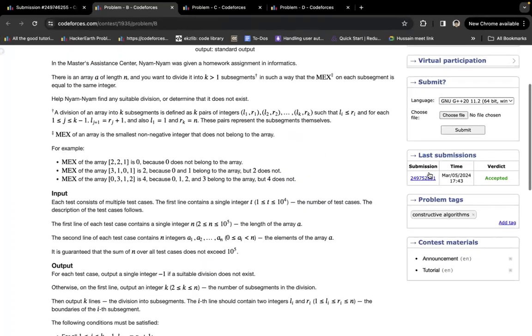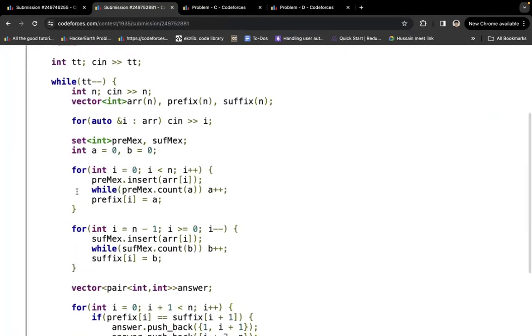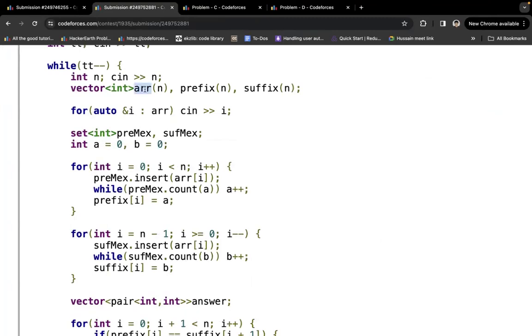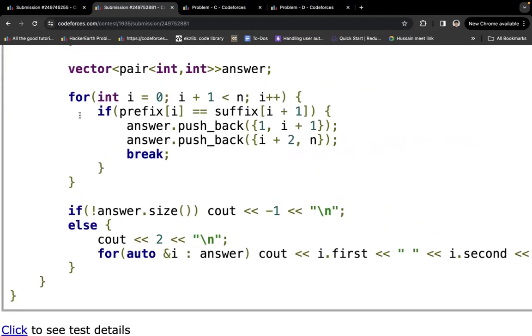So the implementation here is very simple. We are going to require three arrays. One is the array that we are going to take in. The second one is our prefix max, and third one is our suffix max. In the answer, you can see that I iterate from 0 to n minus 2. And if prefix max of I is equal to suffix max of I plus 1, it means that you can split this array into two subarrays such that the max is same.